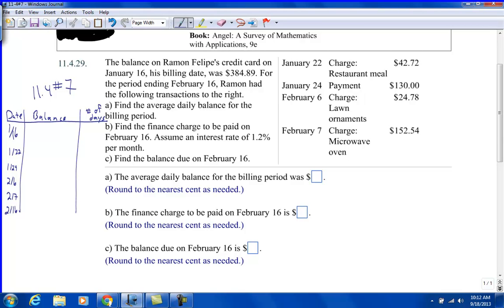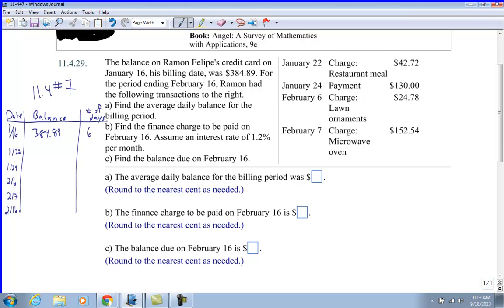So on the 16th of January, we have $384.89, and that's going to be the balance from the 16th to the 22nd. So 22 minus 16 is 6 days. And then it changes. There's a charge of $42.72 on the 22nd, so we're going to add $42.72 to that amount.